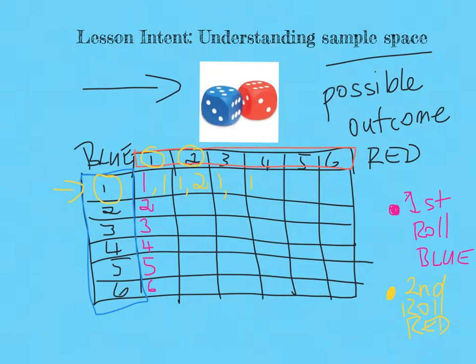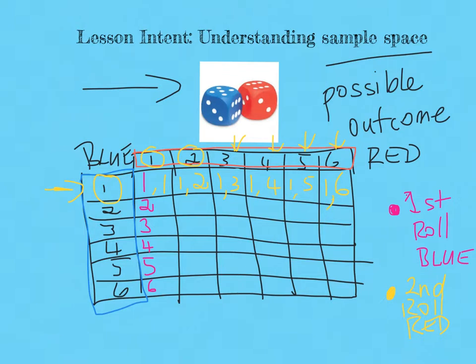Each time we're doing 1, because that's our possible outcome here, but we're changing it per red one. So this one will be 3, 4, 5, and a 6.